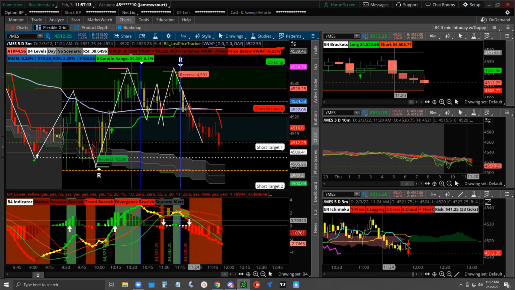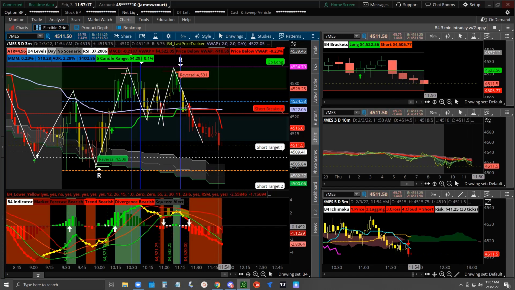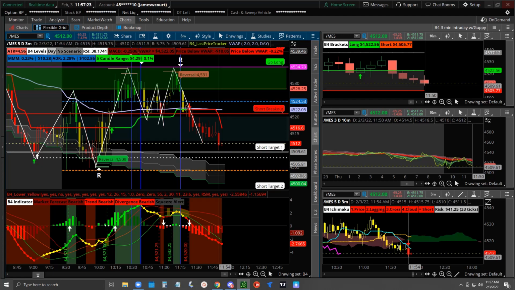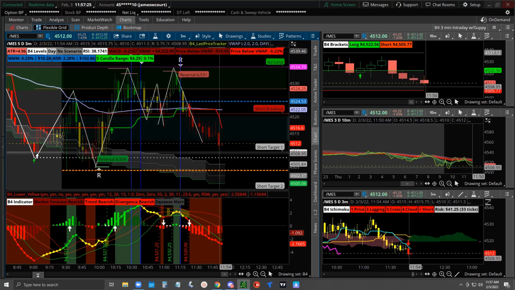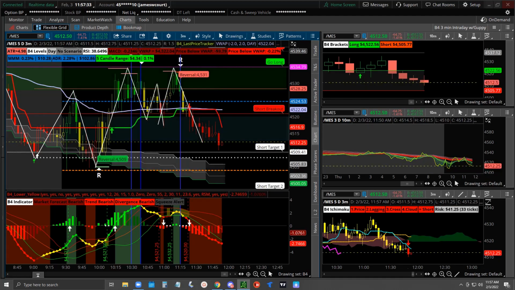So instead of sitting here and waiting for my stop to get hit at 45.19, I'm adding 2 points and an extra tick to my reward. If it's going to come and get me quickly, that's fine, because that's what the market is telling me. It could move 6 points and a tick up or down.